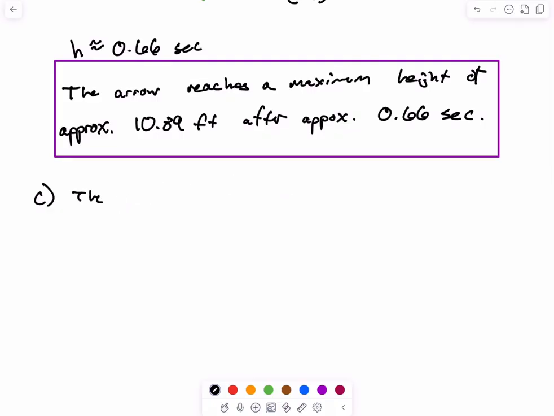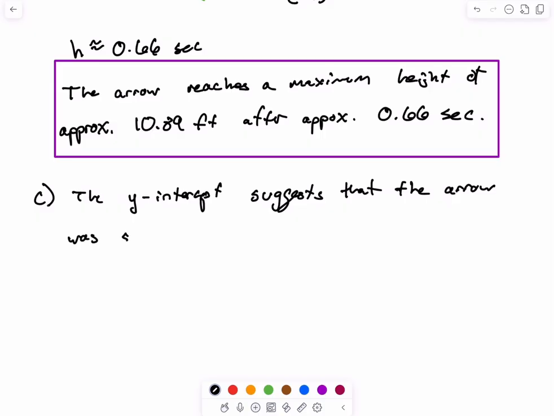So the y-intercept suggests that the arrow was shot from a height of 4 feet.